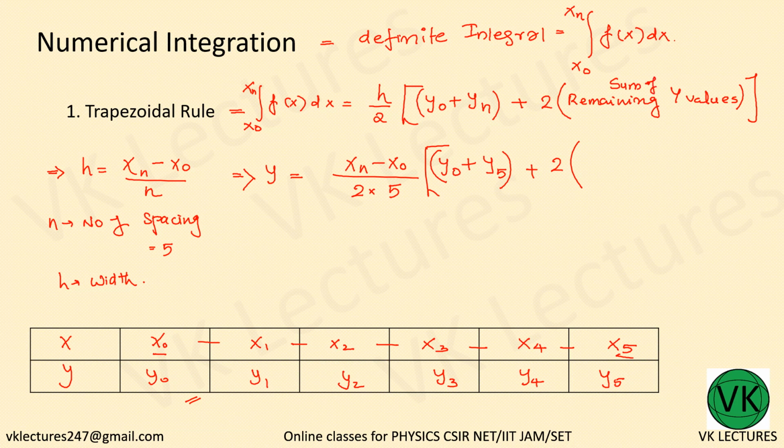What are the remaining terms here? y0 is already used and y5 is the last term. So the remaining terms are y1 plus y2 plus y3 plus y4. So the integral value will yield from this particular equation. So this is the trapezoidal rule or trapezoidal method.